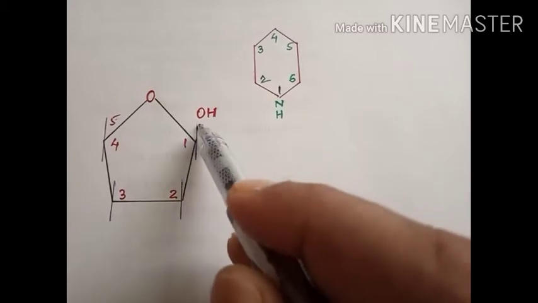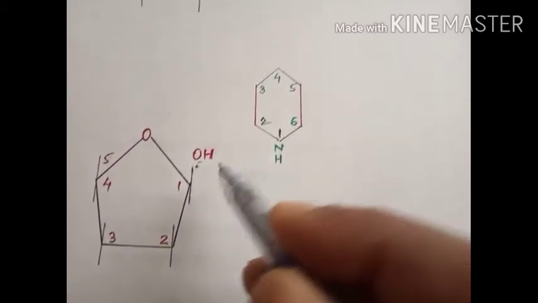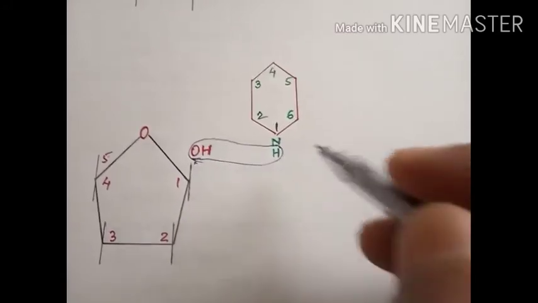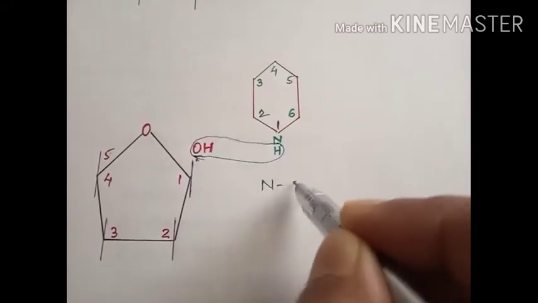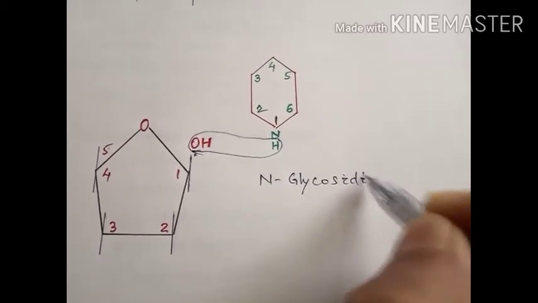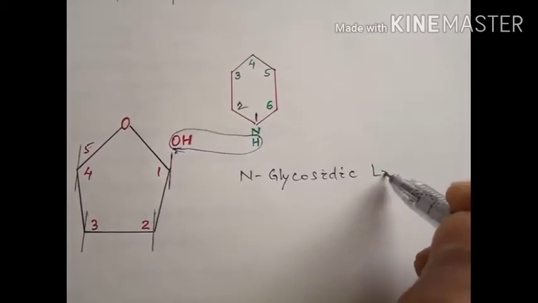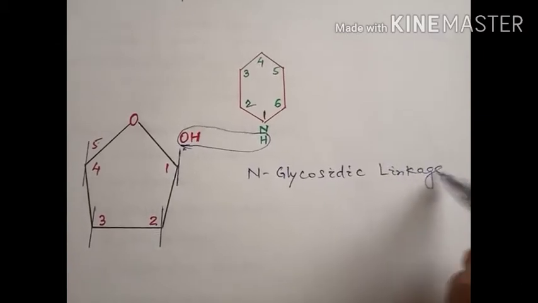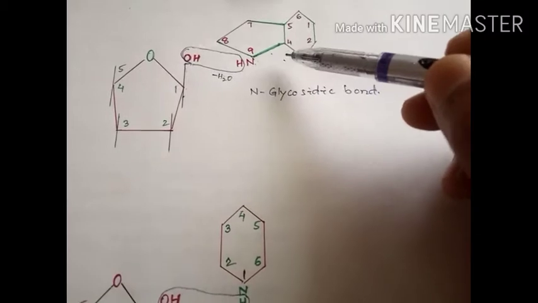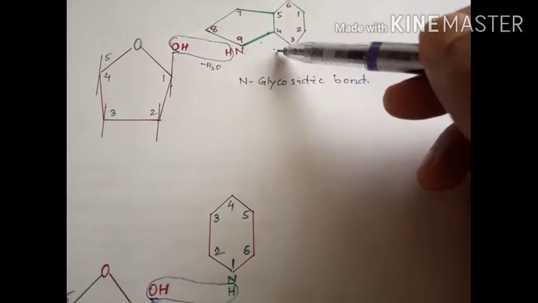So here again it will form the same type of bond, and that would also be called N-glycosidic bond or N-glycosidic linkage.